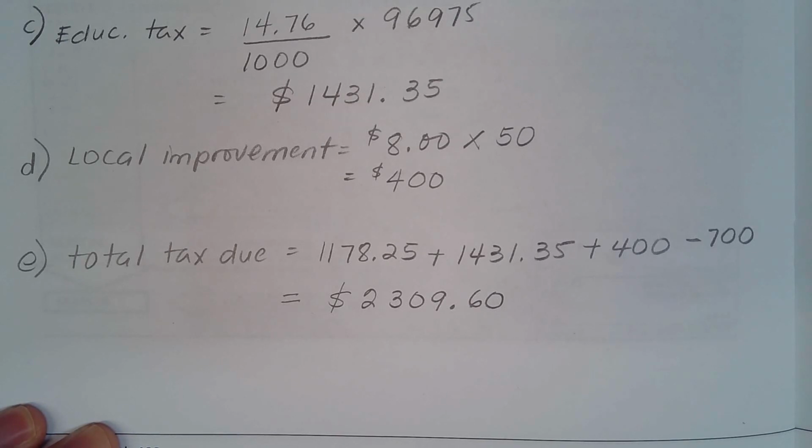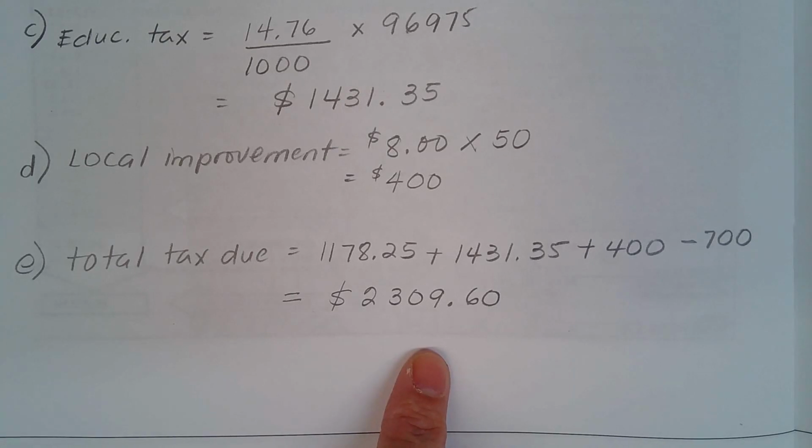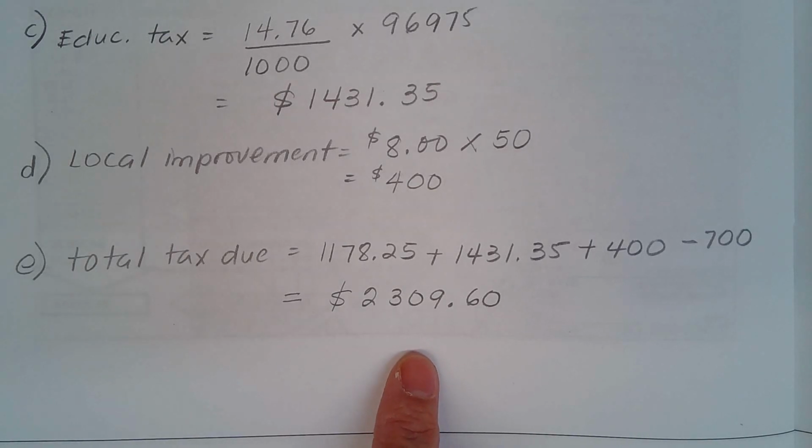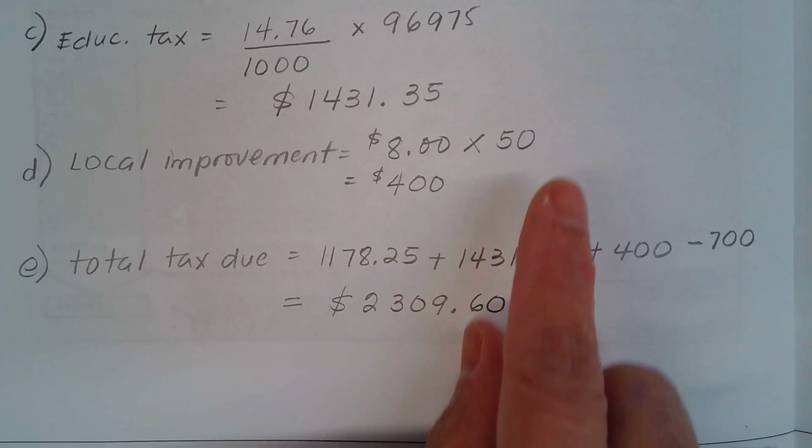So this is for that one year tax. Does the tax stay the same year to year to year? What do you think? Yeah, it changes from year to year, right? Because sometimes there's going to be a local improvement.